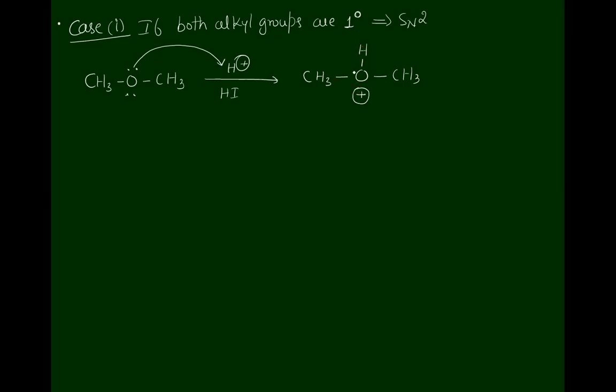Now, to retain the stability of the oxygen atom, because on both sides the number of carbon atoms is equal, the bond between one carbon and the oxygen breaks, and the iodide attacks, forming CH3I plus CH3OH. This is the slowest step, and based on the slowest step we can find out the speed of the reaction, therefore it is called the rate determining step.